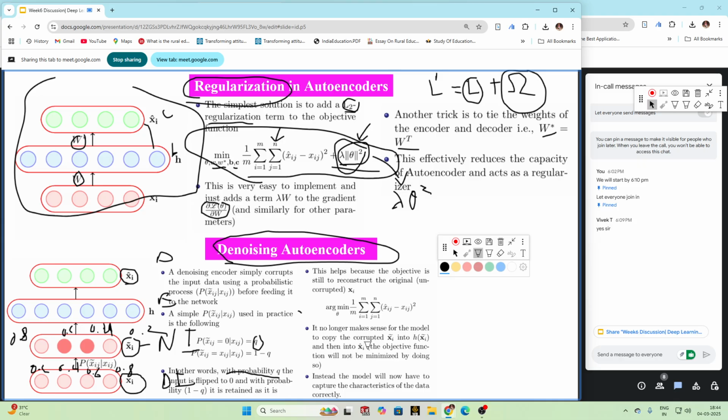That does not help our cause, because we want to have a regularization. So that is why we will calculate the loss function from the predicted output of the decoding layer and our original input, not the noisy input.